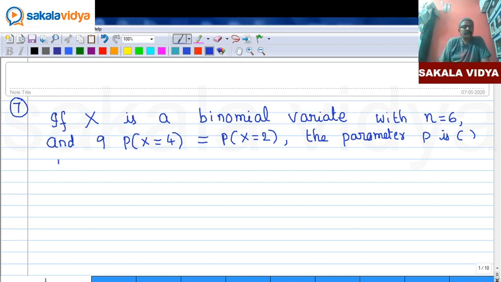First option is 3 by 4, second option is 1 by 3, third option is 1 by 4, fourth option is 1 by 2.